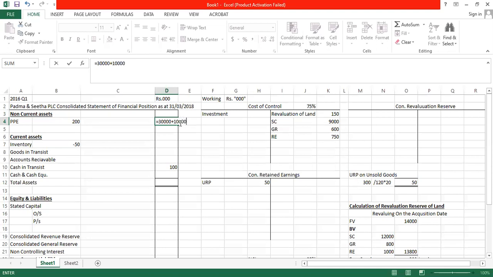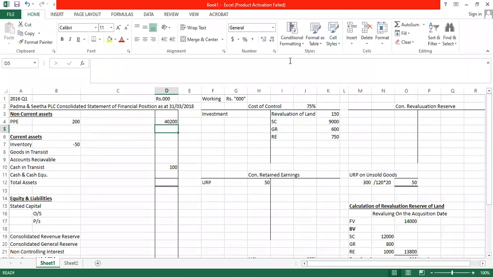But when you are getting this summation, you have to add this 200, as this is revalued on the acquisition date. The value of the land of Sita has increased. So you have to add this 200. So your PPE of the group account should be 40,200.